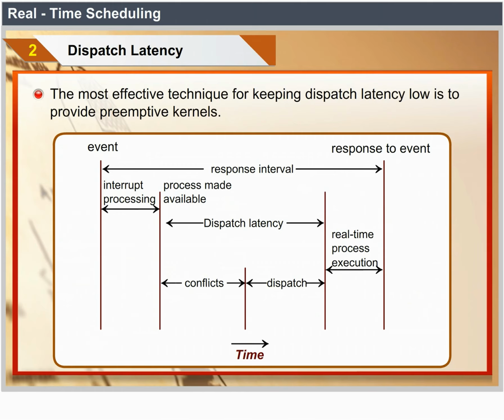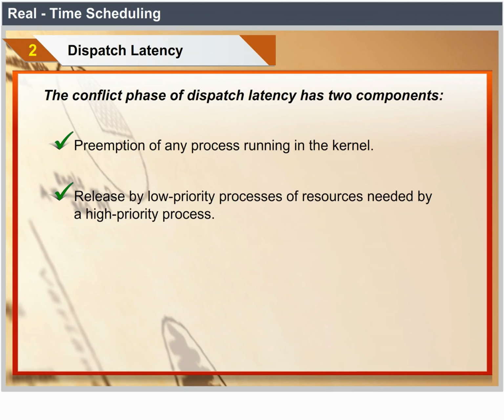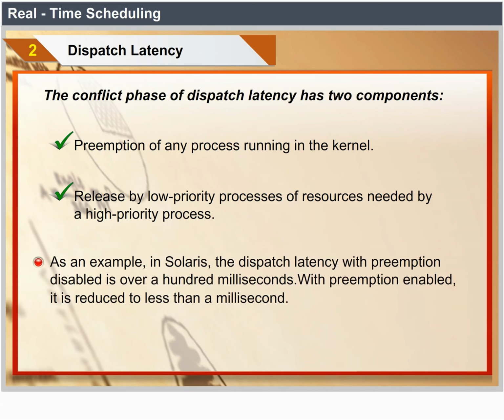The conflict phase of dispatch latency has two components: 1. Preemption of any process running in the kernel. 2. Release by low-priority processes of resources needed by a high-priority process. As an example, in Solaris, the dispatch latency with preemption disabled is over 100 milliseconds. With preemption enabled, it is reduced to less than a millisecond.